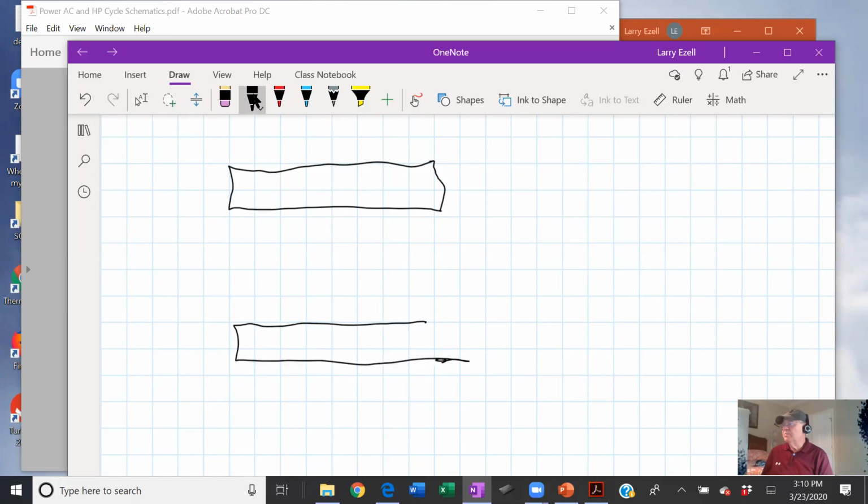I think he draws a circle. Then he draws a circle, with an arrow to indicate there's a cycle going on in this circle.